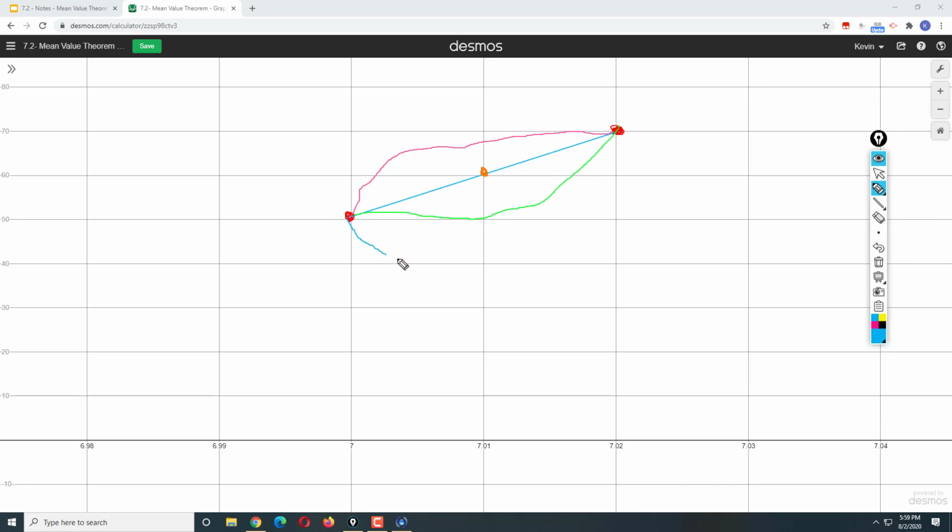Maybe he slows down, and then he speeds up a lot. So any line between these 2 points can work. So we cannot say that our line passes through (7.01, 60). So we really don't know the speed of Antoine at 7.01.